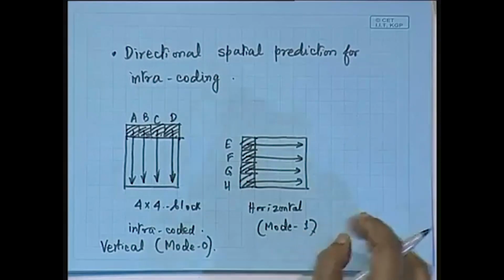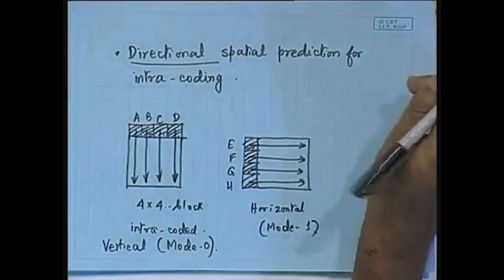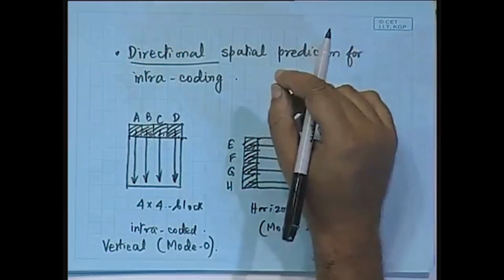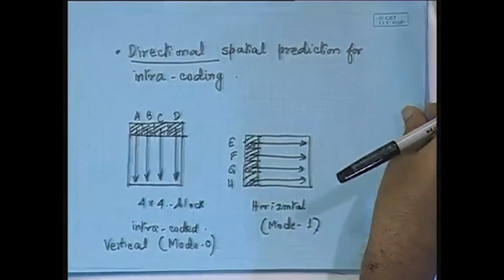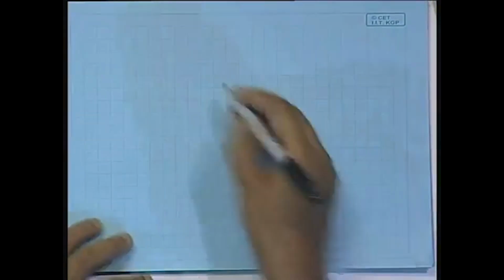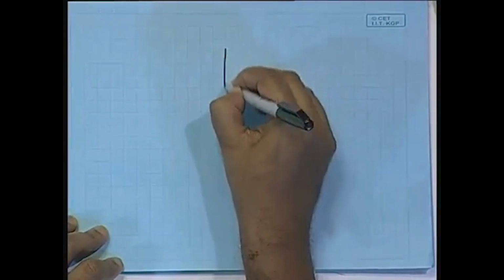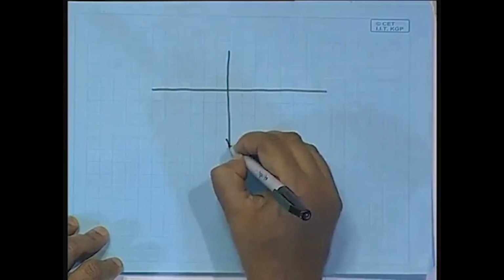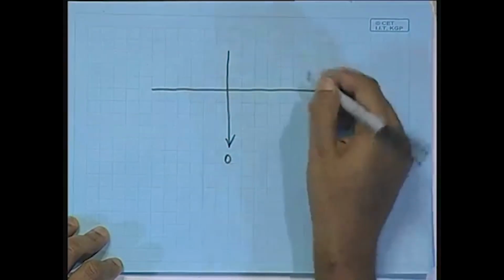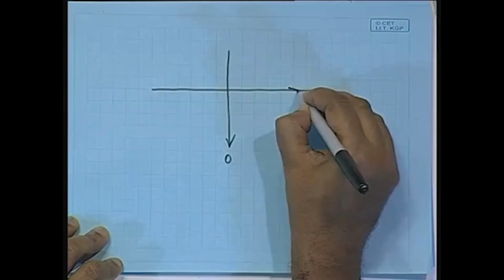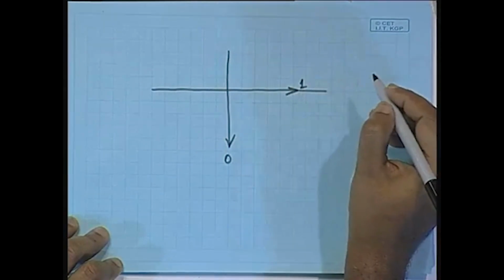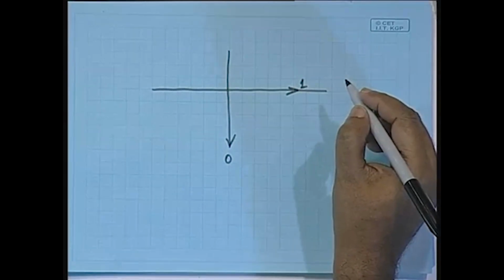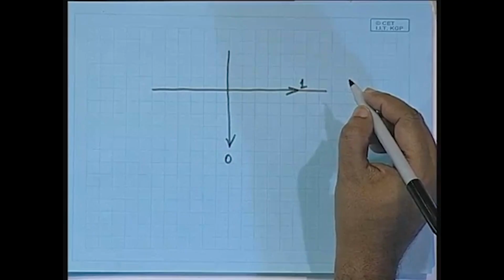In fact, there are 8 different directions employed in the directional prediction of H.264. The vertical one we call mode 0, the horizontal we call mode 1. Now, mode 2 is a very interesting one.